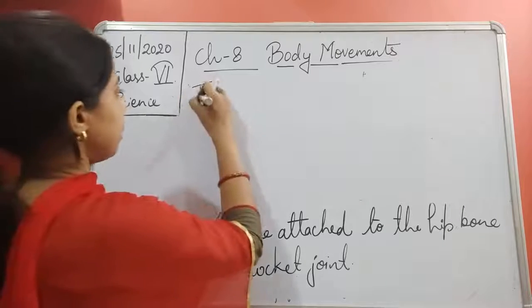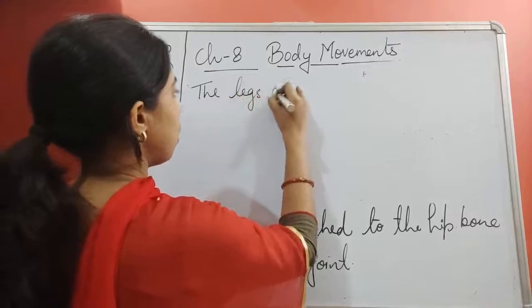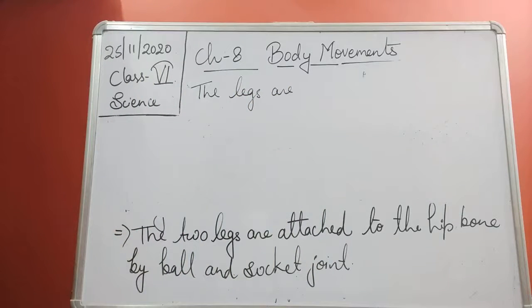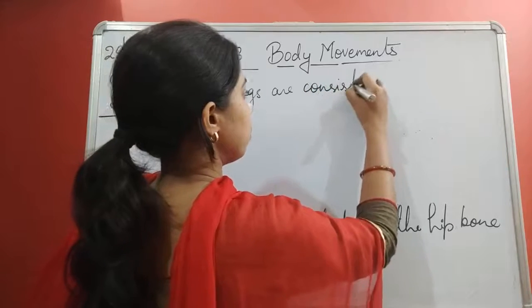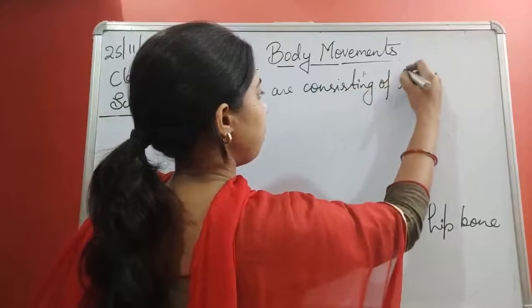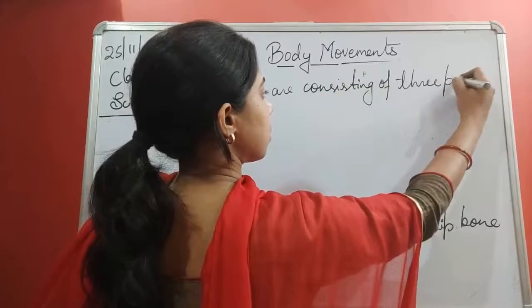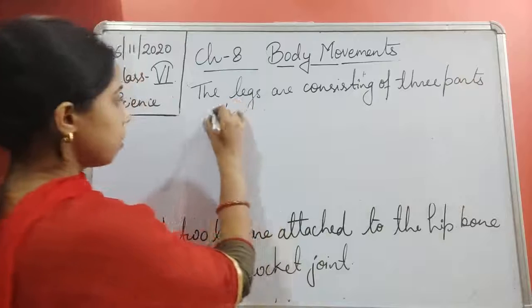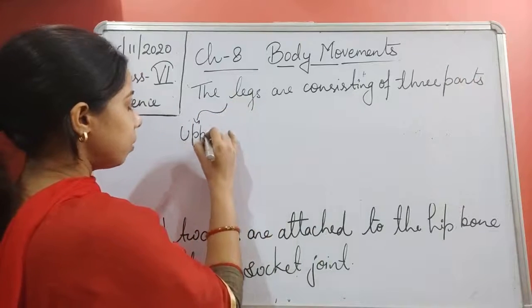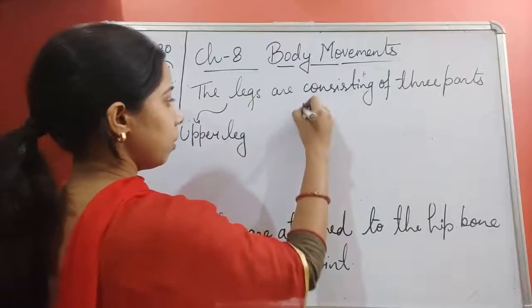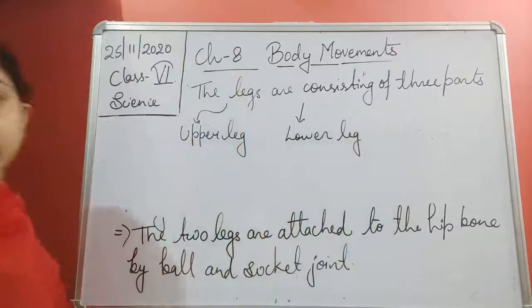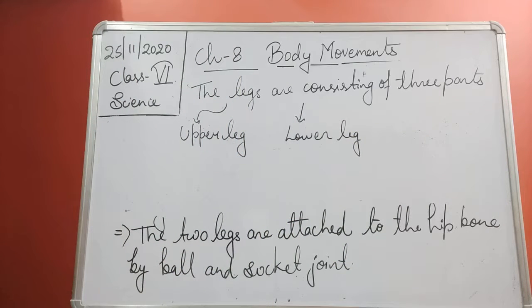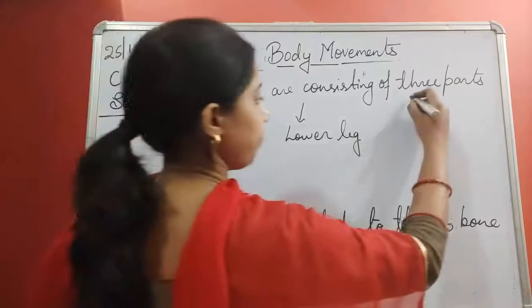The legs consist of three parts: the upper leg, then the lower leg, and finally the foot.